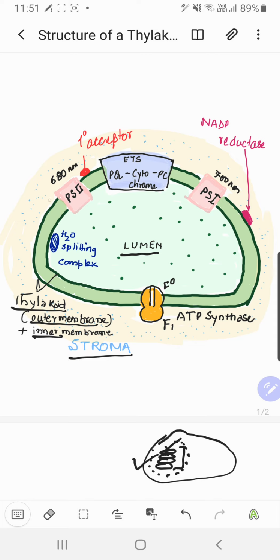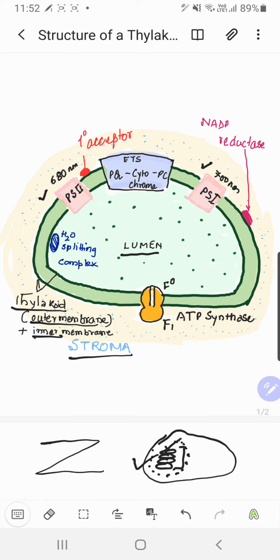So this is PS2, which you have recently studied. In cyclic phosphorylation only one photosystem is involved, but as of now you can see I've drawn two photosystems here, PS2 that absorbs the maximum wavelength of 680 nm and PS1 that absorbs the maximum peak of 700 nm, right? So two photosystems are there. That means this is non-cyclic phosphorylation, so you are supposed to explain the Z scheme here, right?